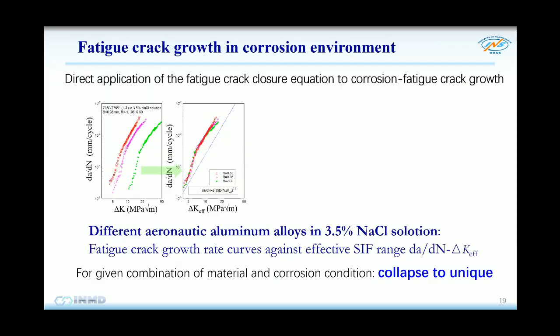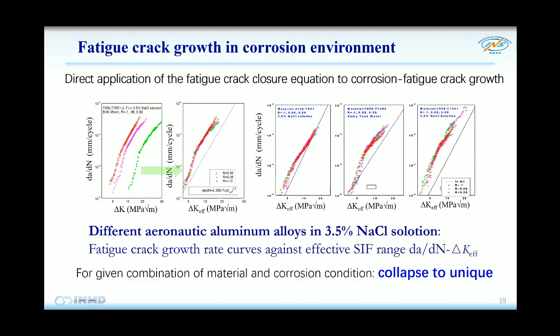And also we were very surprised to find that on the corrosive environment, for given material, given corrosive environment, all the curves collapse again to a single beautiful curve for different kinds of material, different corrosion environments.